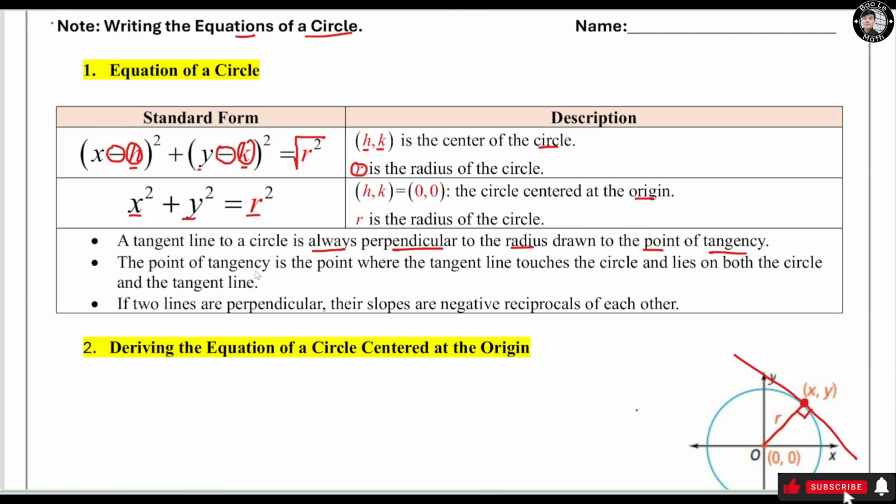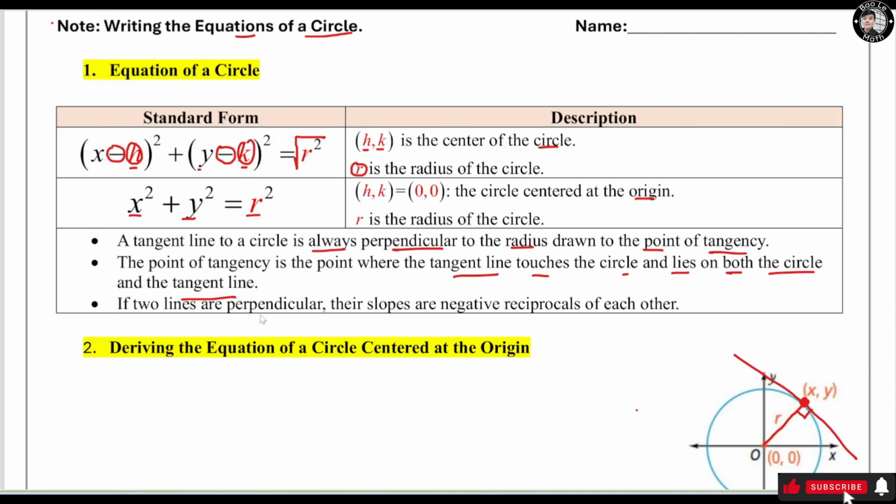Now the point of tangency is the point where the tangent line touches the circle and lies on both the circle and the tangent line. So the tangent point right here is the common point of the circle and the tangent line.